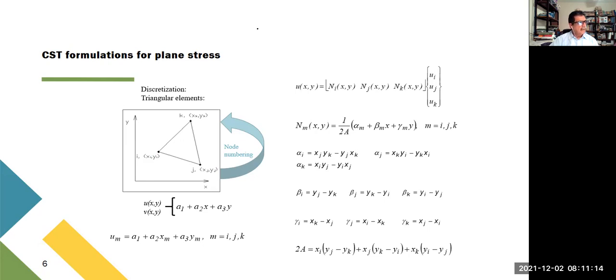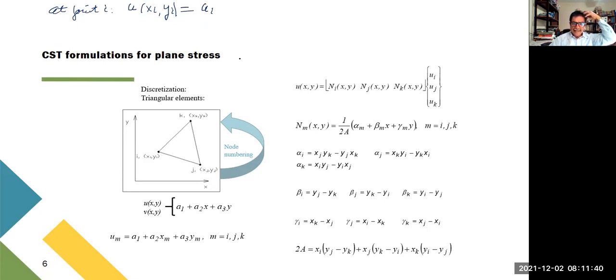At joint I, I say U evaluated at xi, yi, and the value here has to be U sub I. This is one of my unknowns.